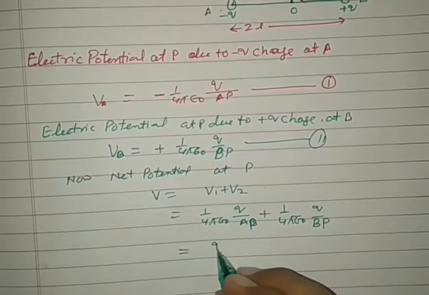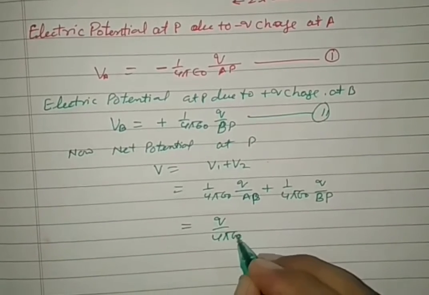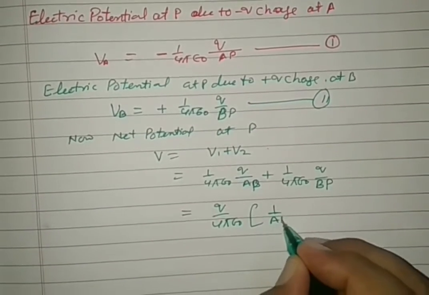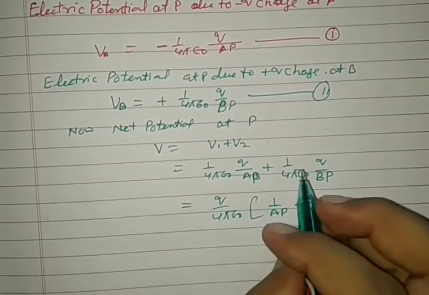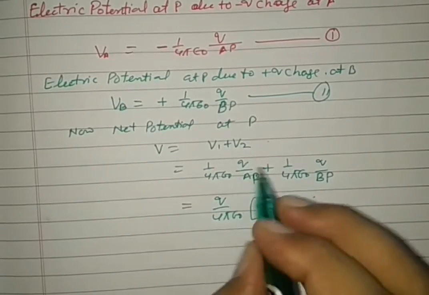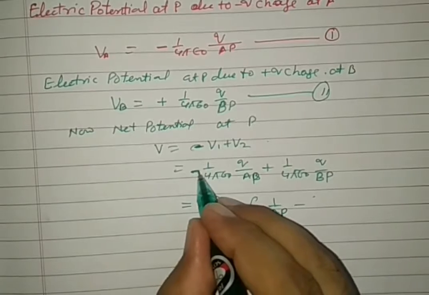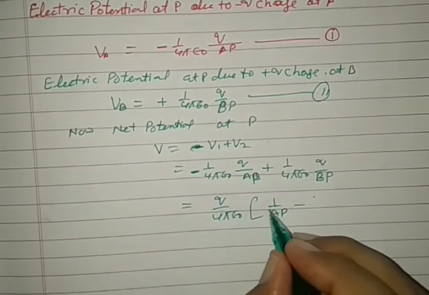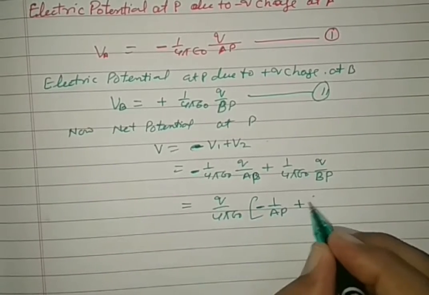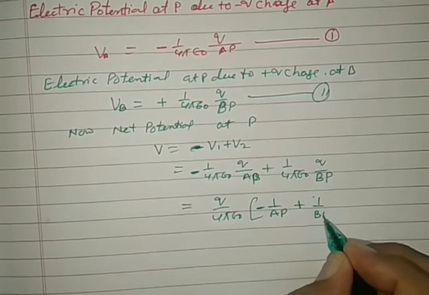Now see carefully, Q upon 4 pi epsilon 0 is common. VA is negative, see here its sign is negative. So it becomes 1 upon BP minus 1 upon AP.